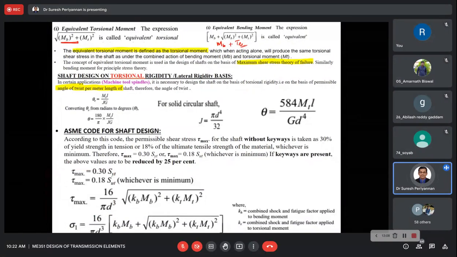See here, we know the bending equation, M by I. Here it is M_T by J, sorry, this is M_T. Twisting moment T by J is equal to G theta by L.